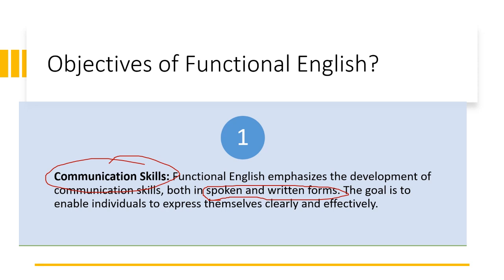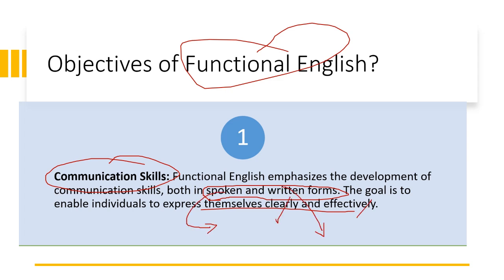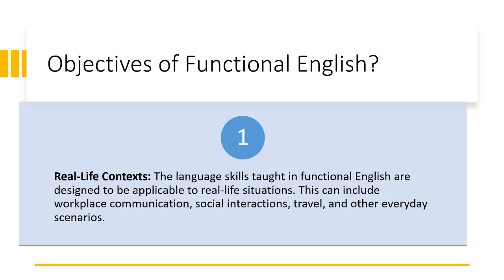The goal is to enable individuals to express themselves clearly and effectively. So by learning functional English, the learner would be able to communicate clearly and effectively, in spoken and written communication.